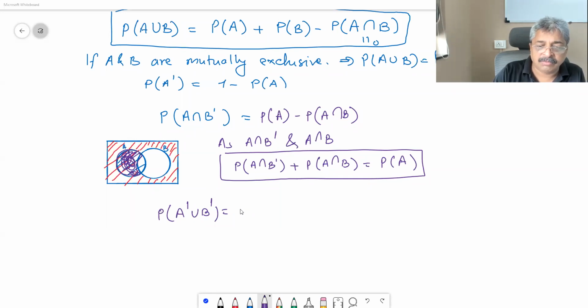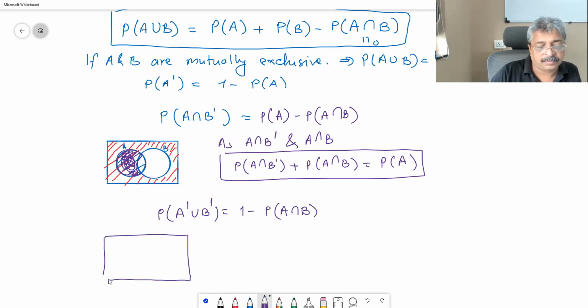This is 1 minus probability of A intersection B, because in the Venn diagram, suppose this is A, suppose this is B, then A dash is all this. B dash is all this.